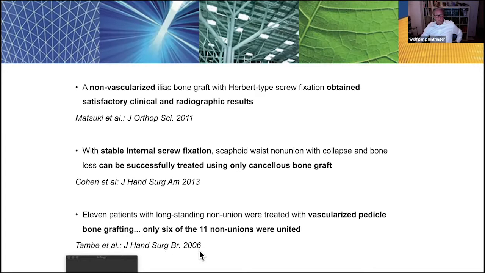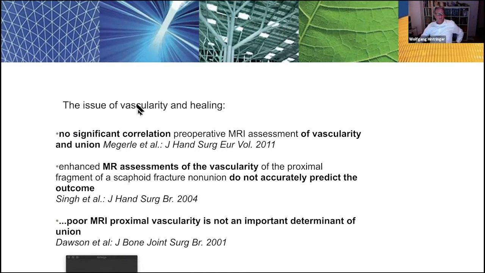And here Tamp 2006: 11 patients with long-standing non-union were treated with vascularized pedicle bone graft. Only 6 of the 11 non-unions were united. That's a very negative outcome here for vascularized bone graft. Here another paper from Megale, German colleague: no significant correlation between preoperative MRI assessment of vascularity and union.